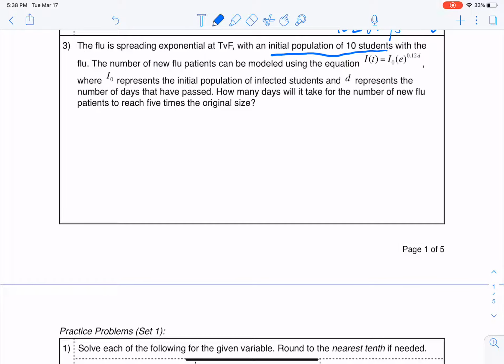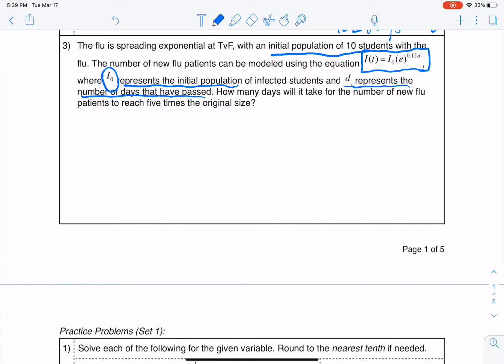The number of new flu patients can be modeled by using this equation. I of t equals I naught e raised to the power of 0.12 d. And then after that, we're given some definitions where I naught represents the initial population and d represents the number of days that have passed.